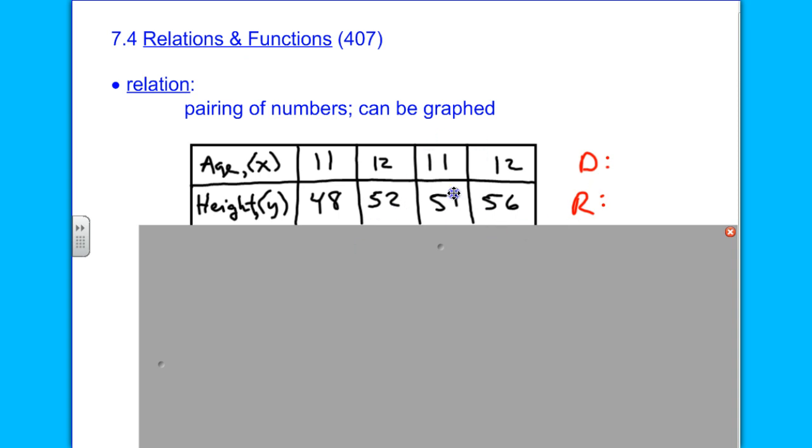I don't know if you remember Colin DeVere, he was like 6'5" when he was in 8th grade, so they tend to be what we call outliers. An outlier is an extreme difference from the average norm. So here we have pairs of data that could be graphed, okay?